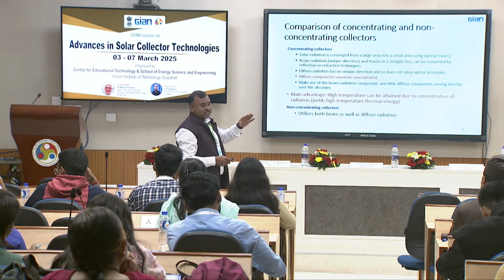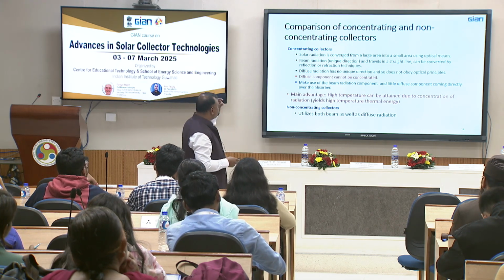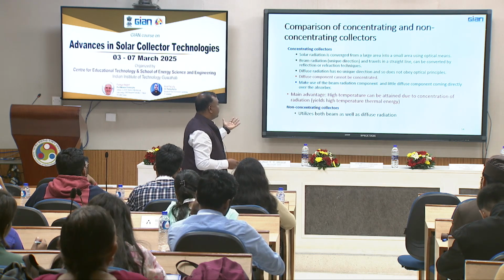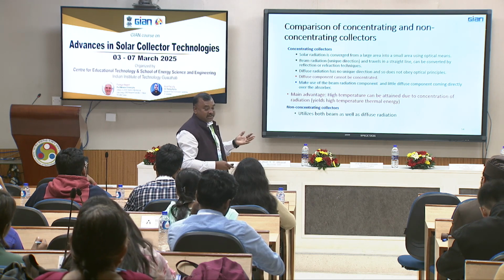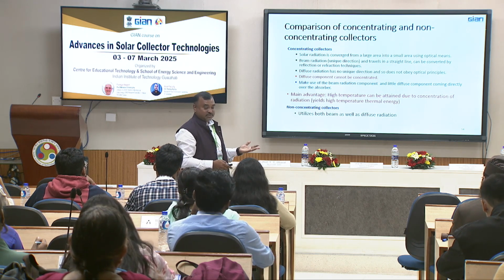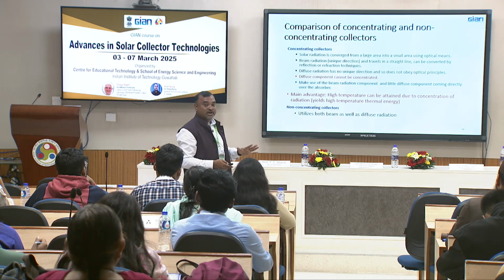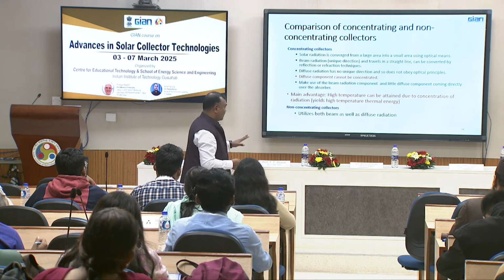So, these normal radiations are more important in the case of concentrating collectors. But both beam radiation and diffuse radiation are applied in the case of non-concentrating collectors, because the intensity of diffuse radiation is lower. I will explain by its character.